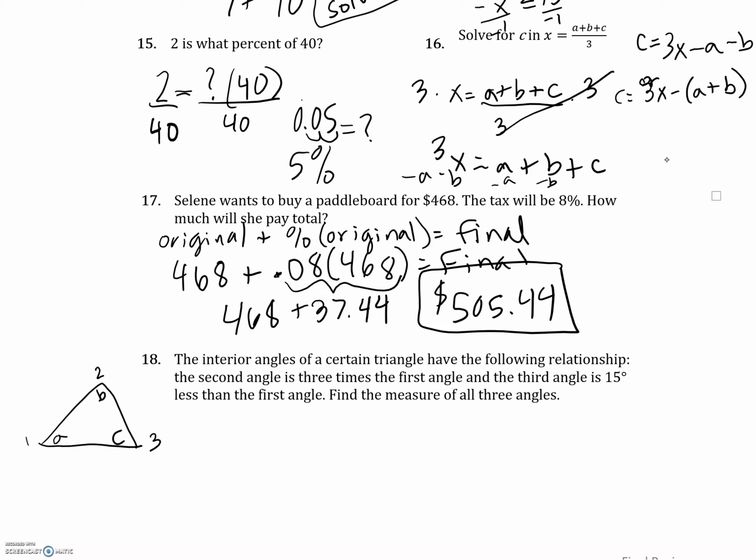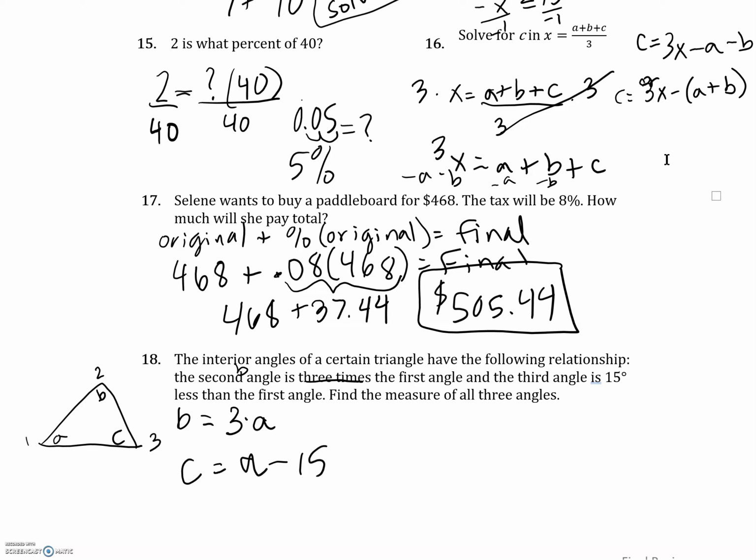All right, the second angle, so we're talking about B here, B is 3 times, so we're going to multiply the first angle, which was A, and the third angle, which we called C, is 15 less, so I'm going to subtract it off of the first angle, which was A. Find the measure of all 3 angles. So we got to find A and B and C.